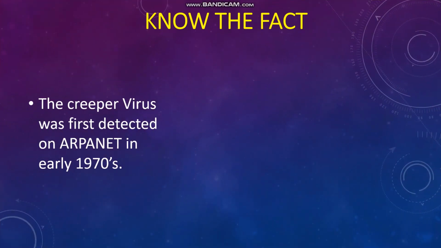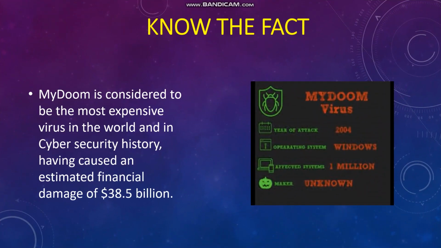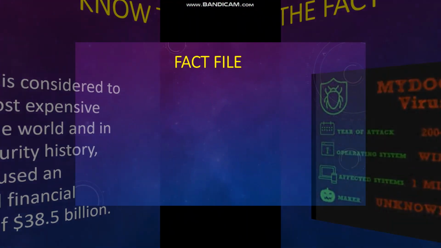Know the fact. The Creeper virus was first detected on ARPANET in early 1970s. Know the fact. MyDoom is considered to be the most expensive virus in the world and in cybersecurity history, having caused an estimated financial damage of $38.5 billion.